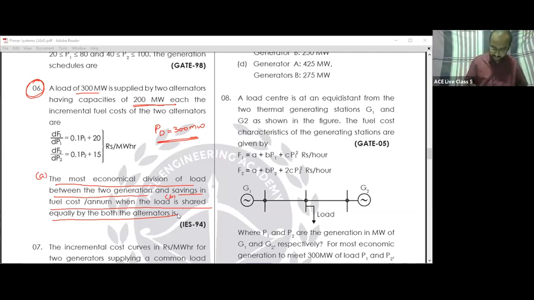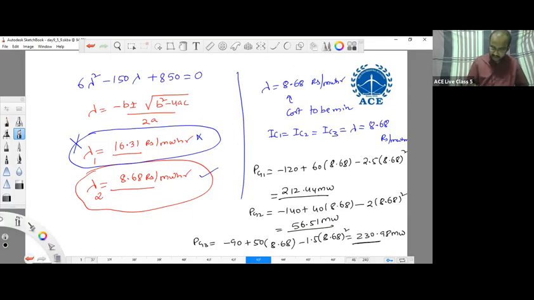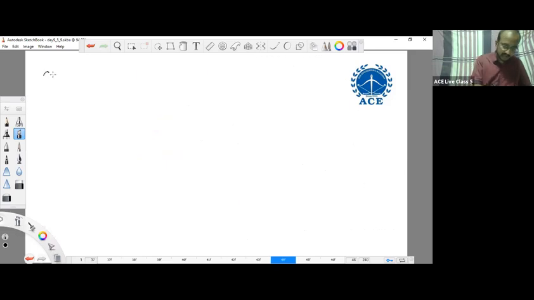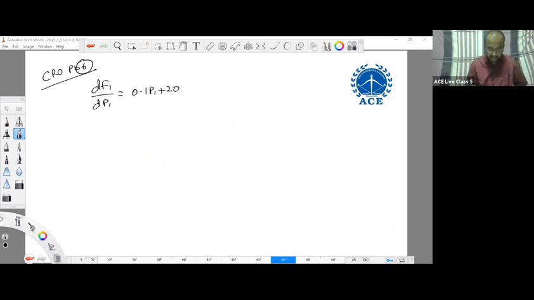What has been given? dF1 by dP1 is 0.1 P1 plus 20. dF2 by dP2 is 0.1 P2 plus 15. The units are rupees per megawatt hour.